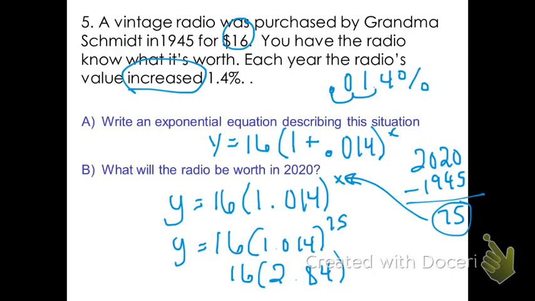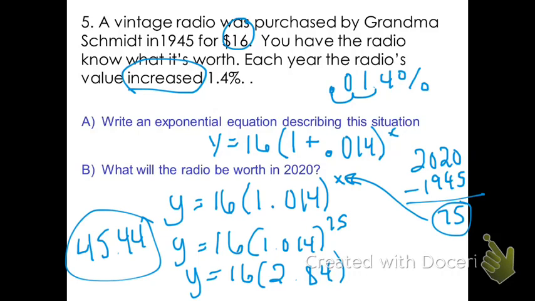So now we have 16 times 2.84, which gives me $45.44. Okay, so that's how much it'll be worth in 2020.